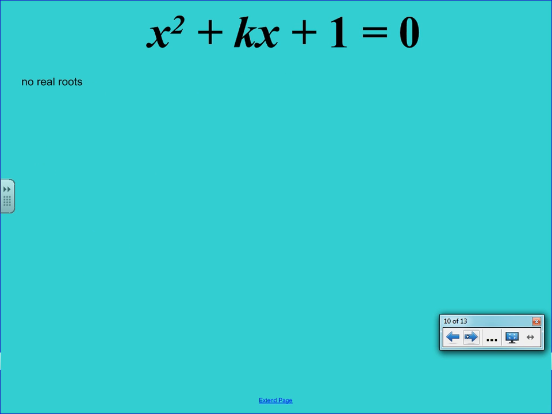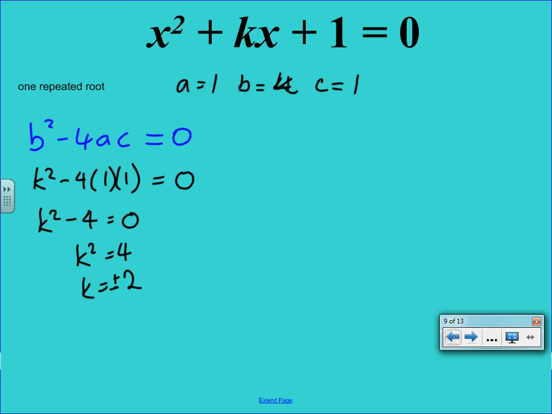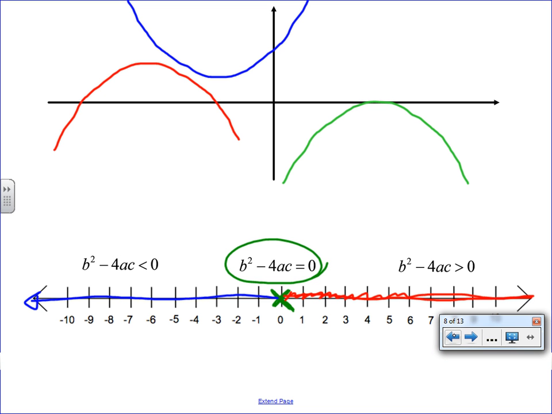Let's try another one. Okay, same quadratic, so we know A is 1, B is k, C is 1. But now we're told no real roots. So if we go back to which colour has got no roots? This one. Yeah, the blue one's got no roots. It's not crossing the x-axis.